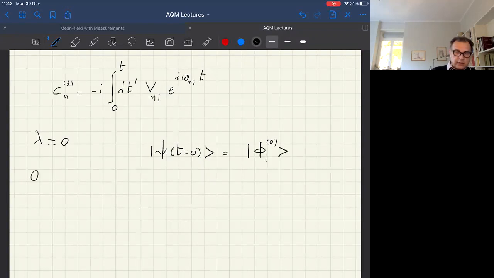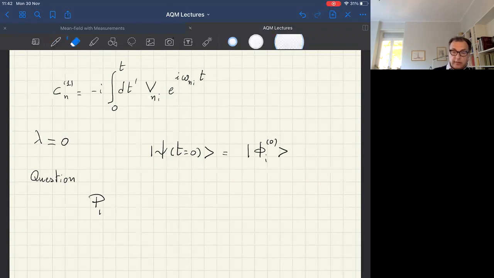Then the question is, what is the probability P that the system is found in I, for example? Or let's do it more general, okay?